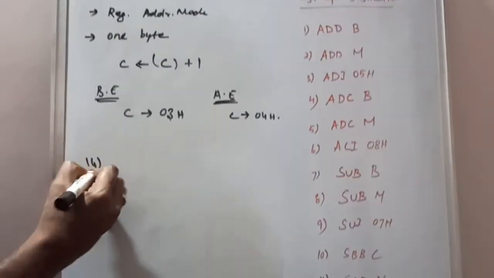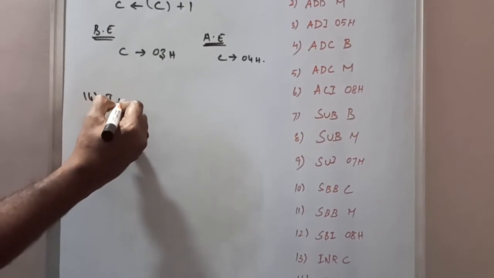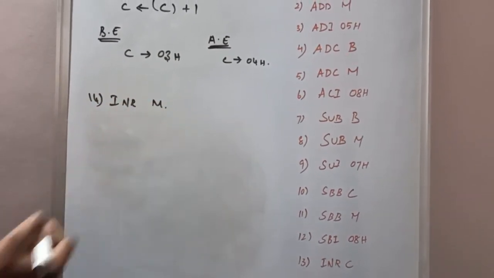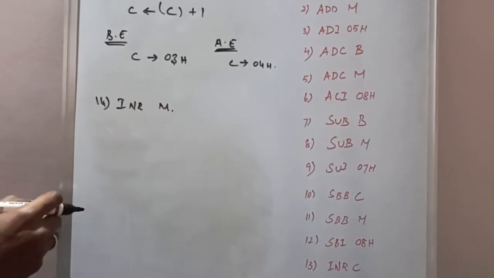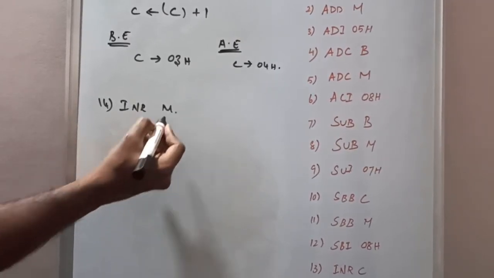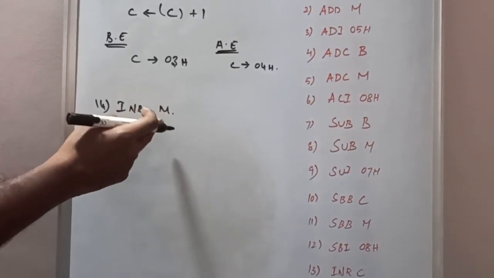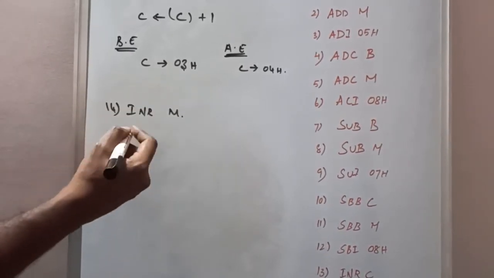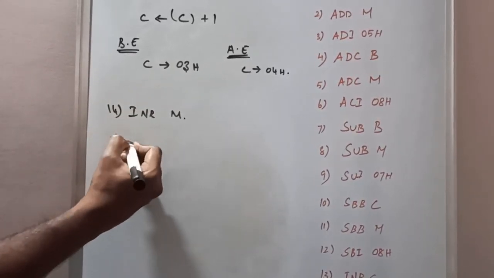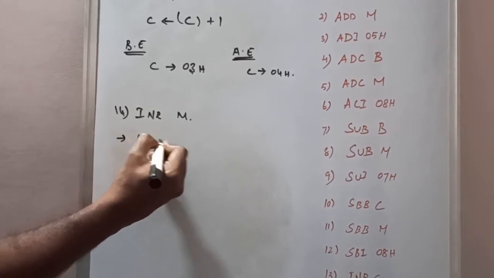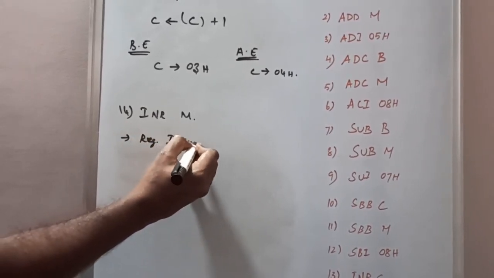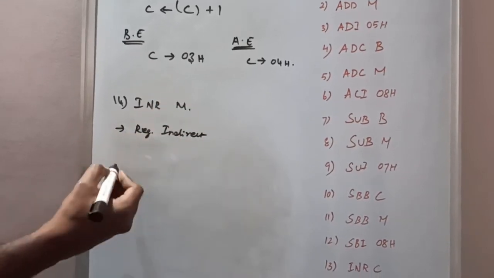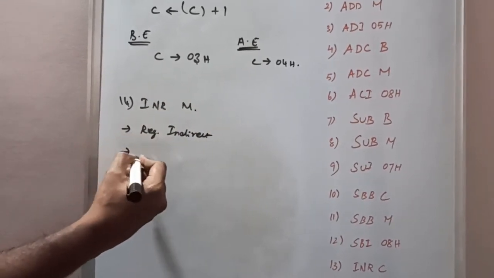So next one, INR M. So increment the memory content. In that memory, the content of the address location is stored in the memory location. So in this, the content is incremented by 1. Type of addressing mode: register indirect, because the content is held in the memory location.